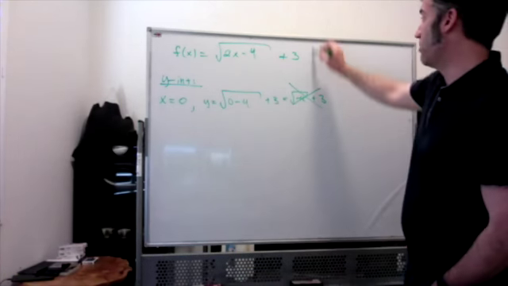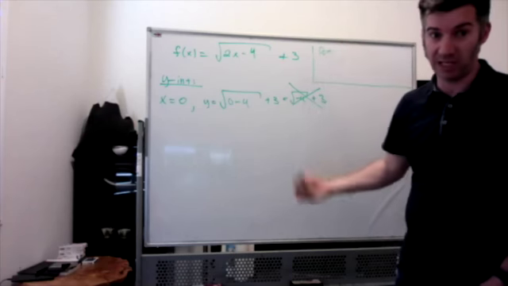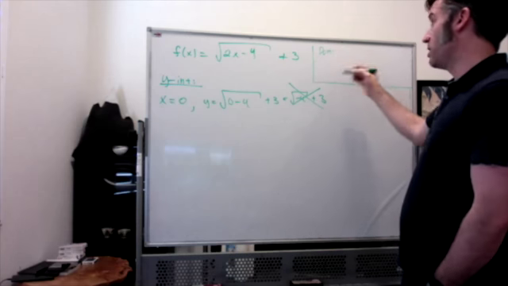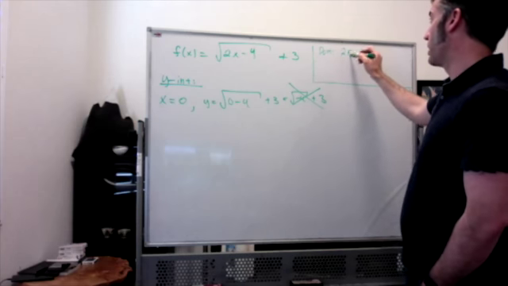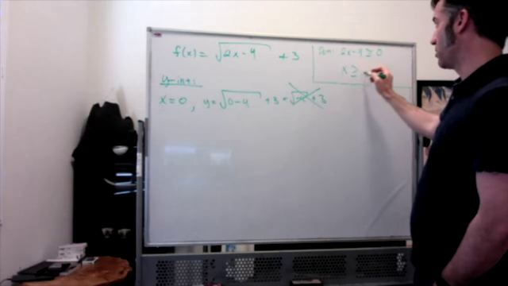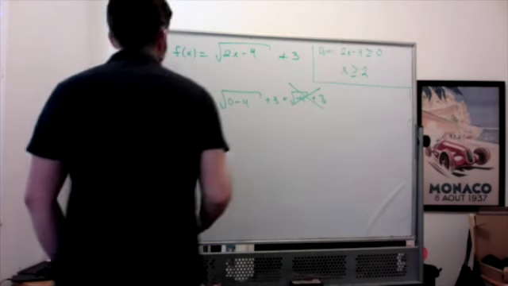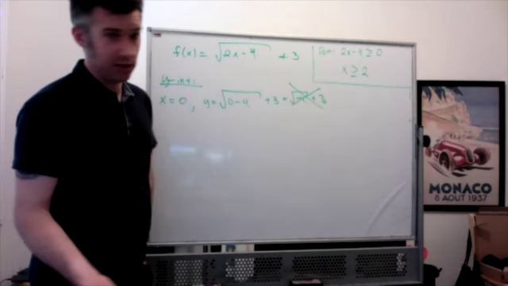If we want to talk about domain for 1 second, not that you have to say the domain unless someone asks you to, but the domain here, 2x minus 4 has to be greater than or equal to 0, so x has to be greater than or equal to 2. So that's actually a point I should consider, right?